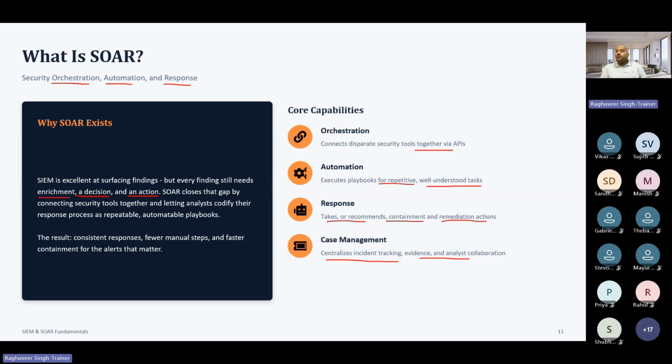So what can SOAR do? SOAR can identify all of it. How? You integrate your HR system with SIEM. You send HR logs into the SIEM. Now, what will the SIEM do whenever there is a deviation from the pattern?